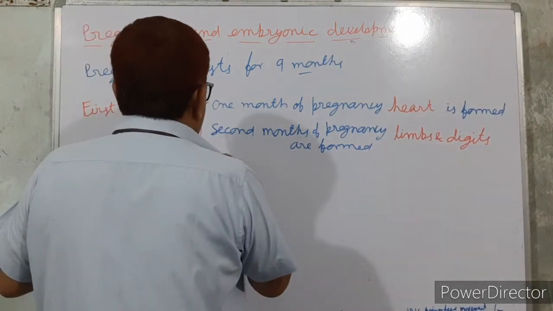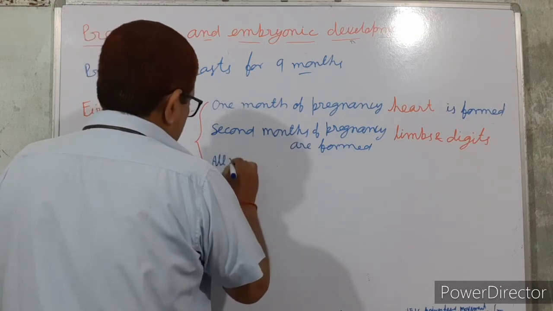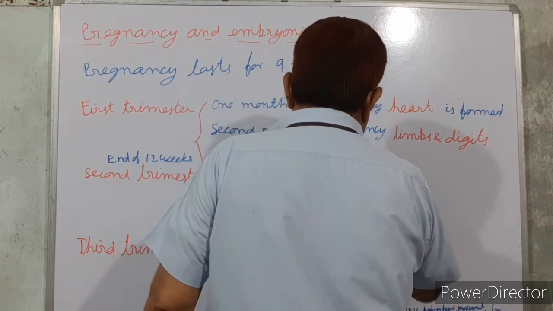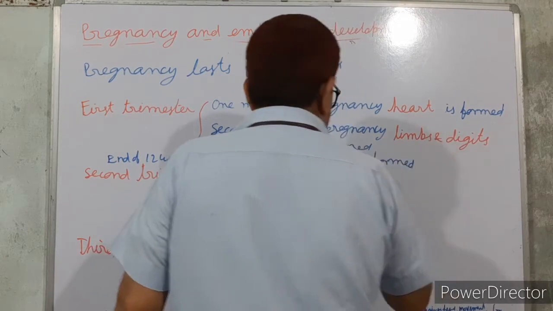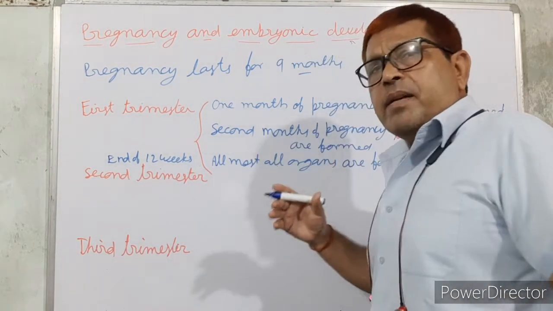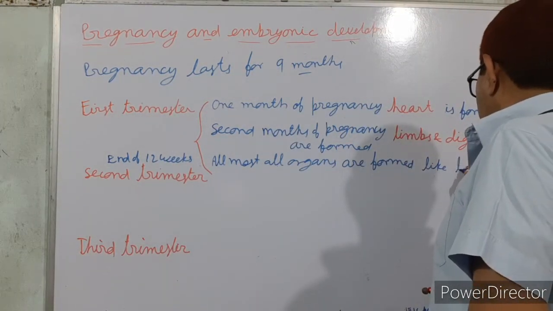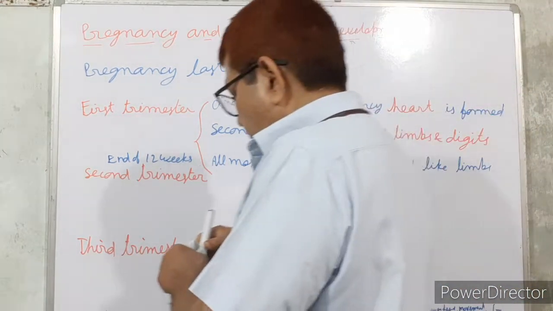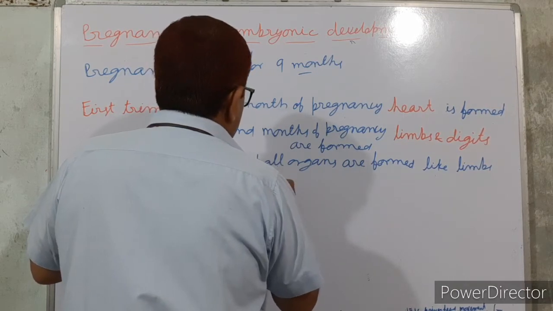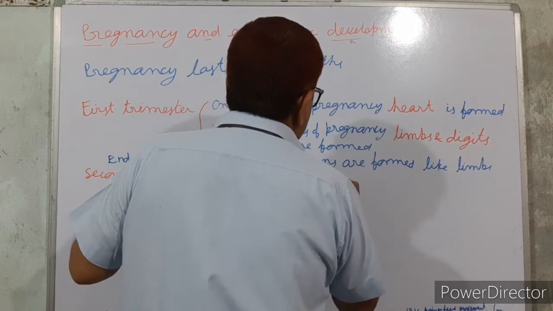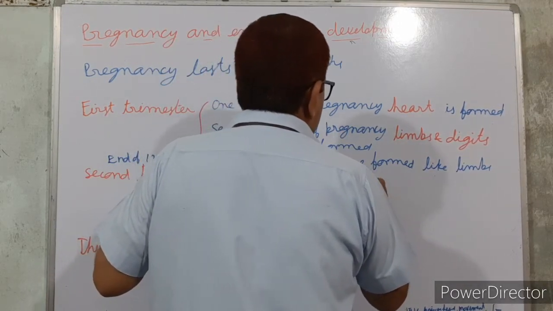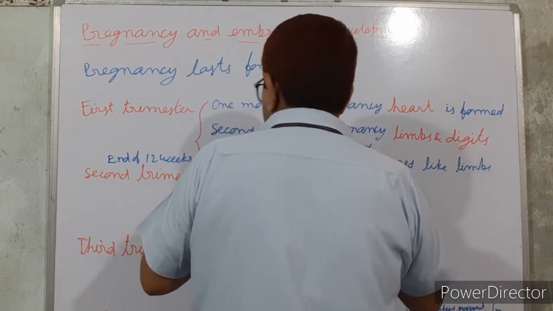almost all organs are formed, like veins are fully developed, like limbs, and the external reproductive or genital organs.